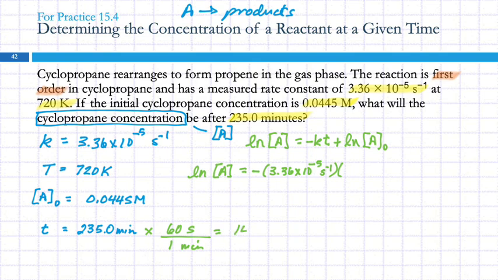And this is 14100 seconds. And that would be the last sig fig. So you probably should call that 1.410 times 10 to the 4 seconds.